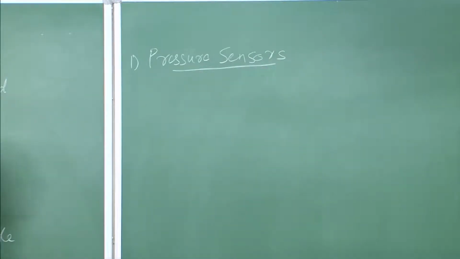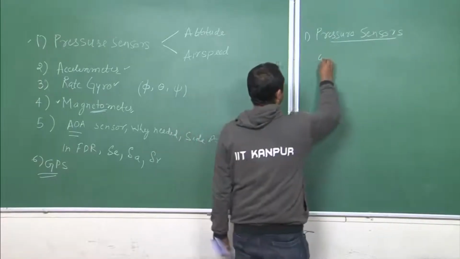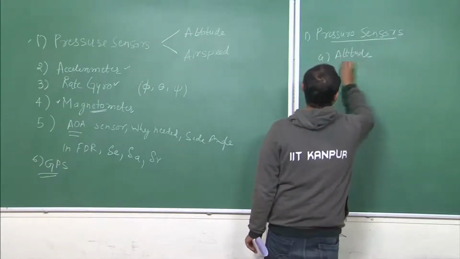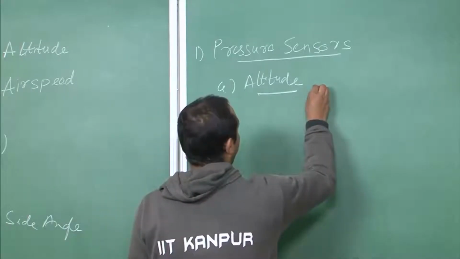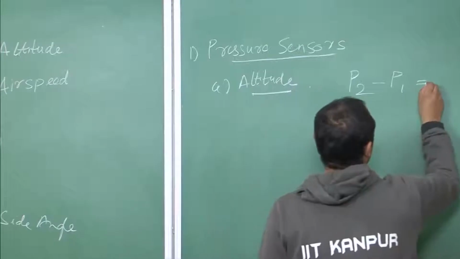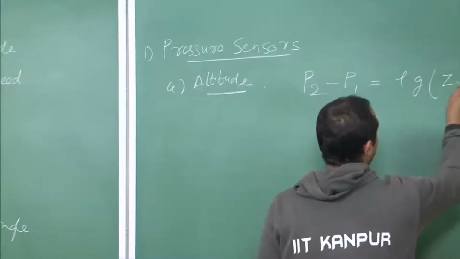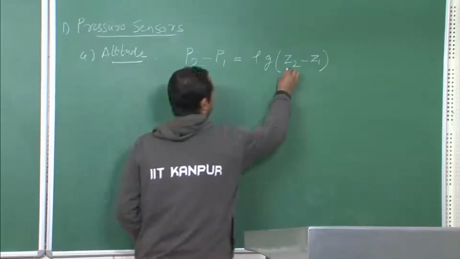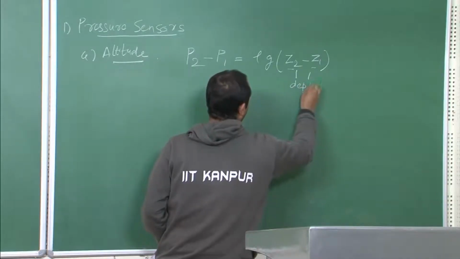Now as I already told you, pressure sensors are used to calculate altitude as well as airspeed. So first, altitude. Now the general equation used to calculate altitude is a simple hydrostatic equation given by P2 minus P1 equals rho g (Z2 minus Z1), where Z2 minus Z1 represents your depth in case of fluids.